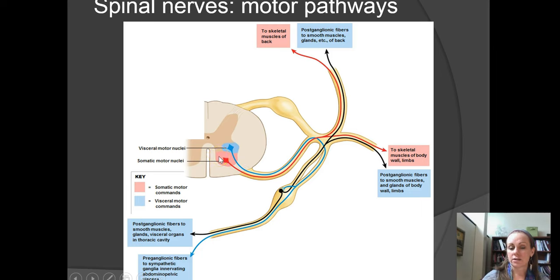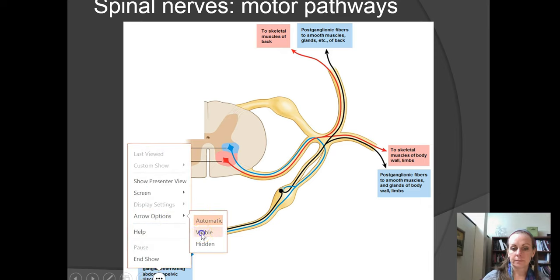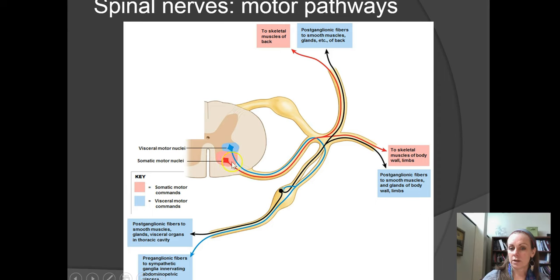Let's just remind ourselves of the structures. Here's our dorsal root ganglion. Here's our dorsal root. Here's our ventral root, spinal nerve, dorsal ramus, ventral ramus, communicating rami, sympathetic ganglion, and sympathetic nerve. So for somatic motor nuclei, we would start in the anterior gray horn, and we go first through the ventral root.